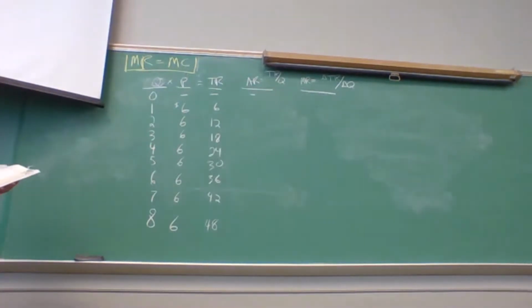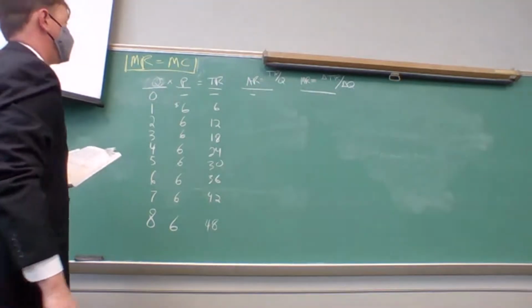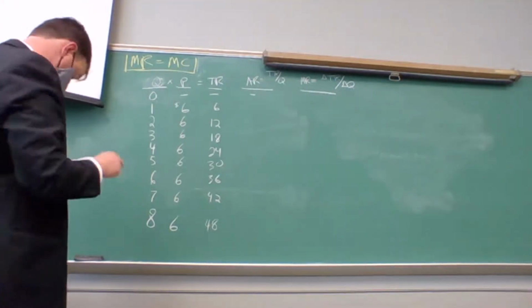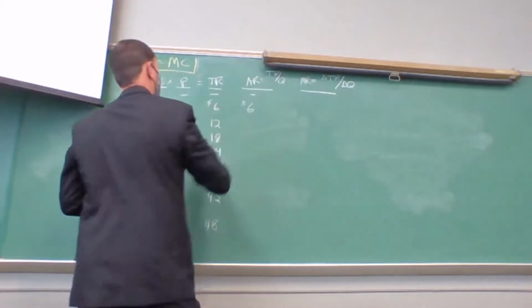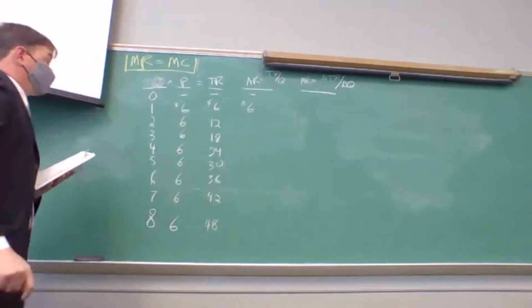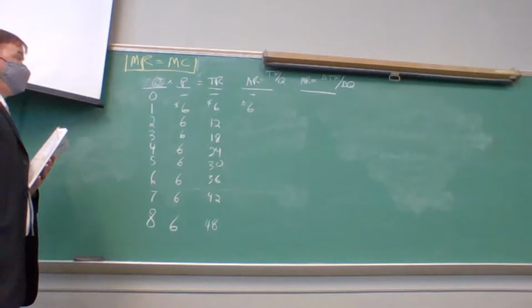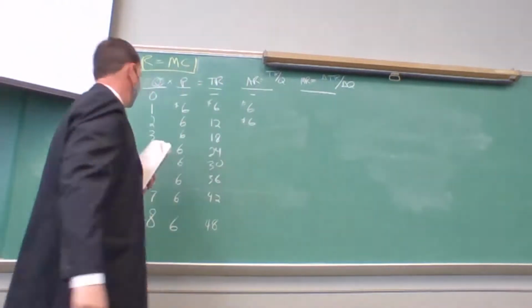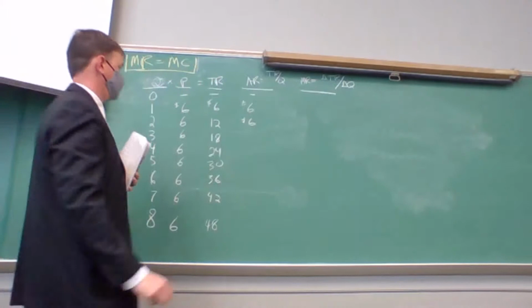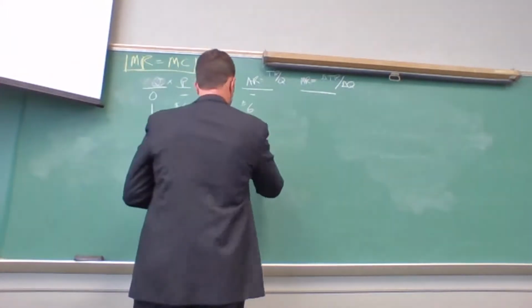Well, then total revenue is 6, quantity is 1. What's my average revenue? 6. Total revenue is 12, quantity is 2. What's my average revenue? Total revenue is 18, quantity is 3. What's my average revenue? All right, see a pattern here?